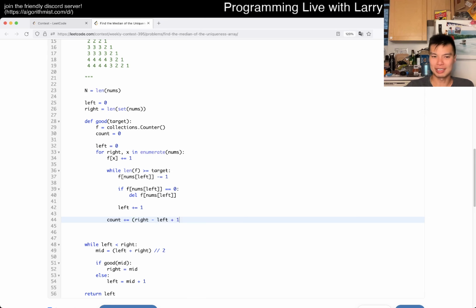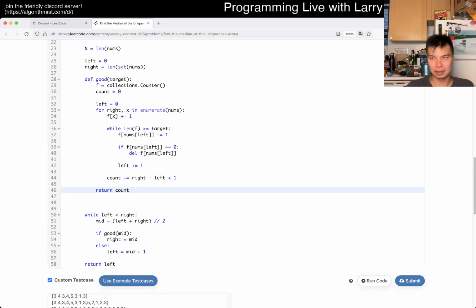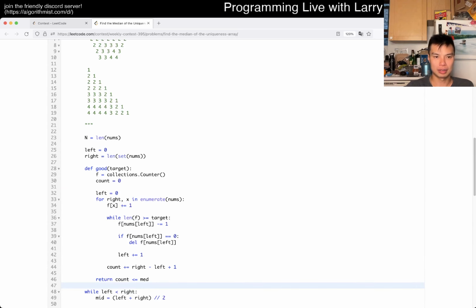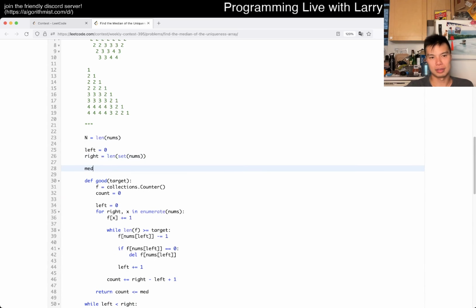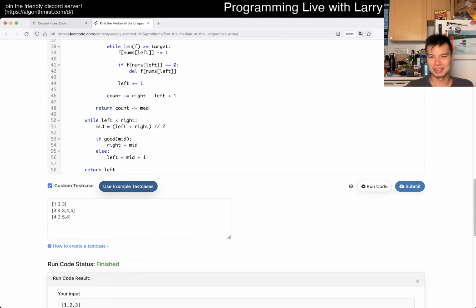Why do I have a parens? Where am I? Oh, median. What is it? Does that work? I mean, whatever, close enough.